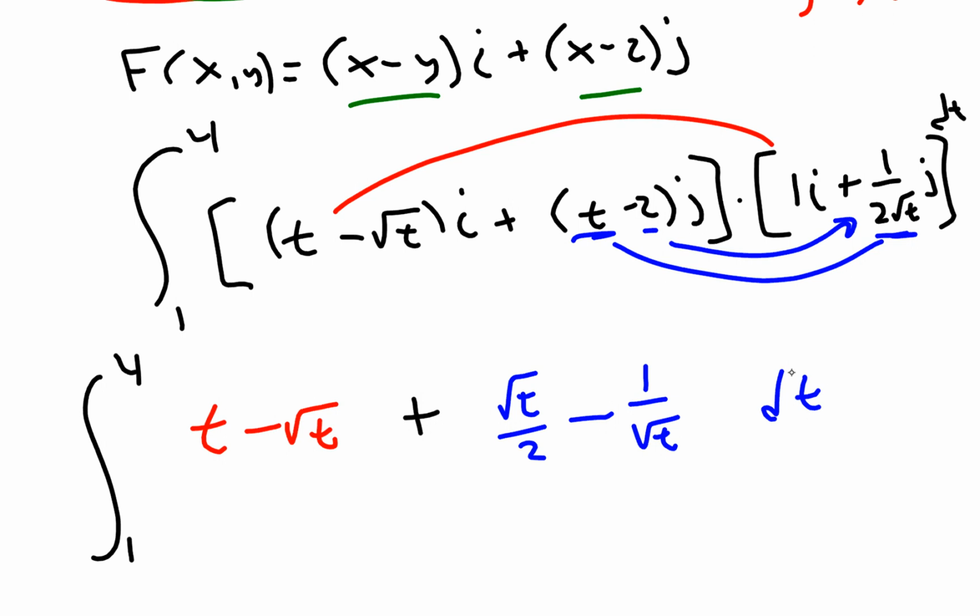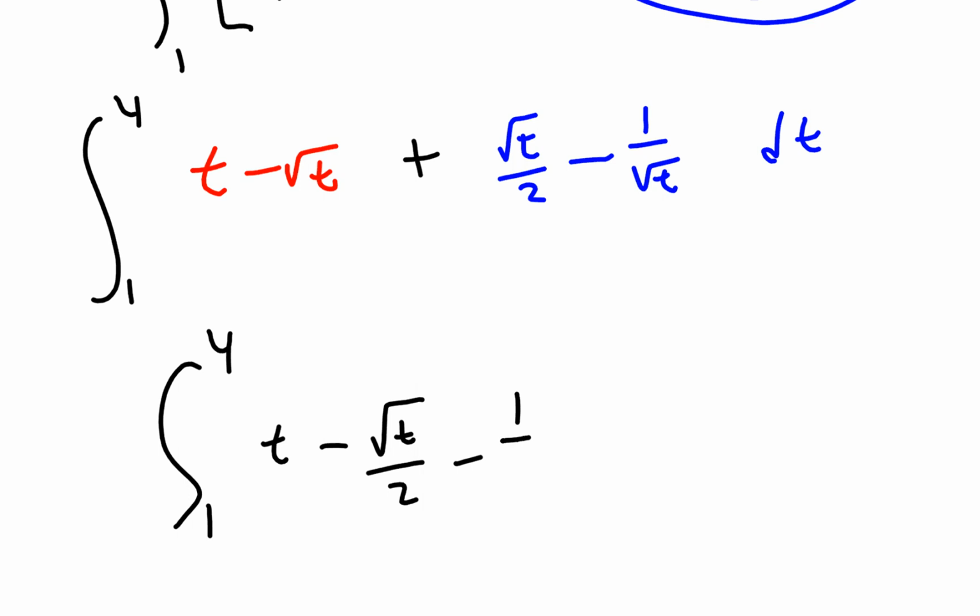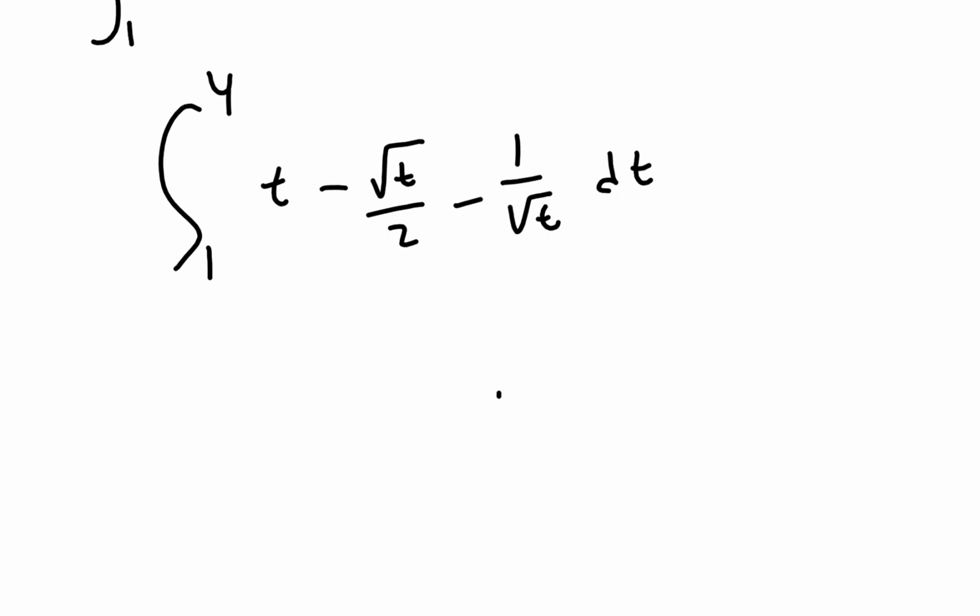Okay, so let's see if we can combine anything. We can actually combine those two middle terms there. Integral from 1 to 4 of t minus square root of t over 2 minus 1 over the square root of t, dt. All right, so this is just a little bit of bashing here.